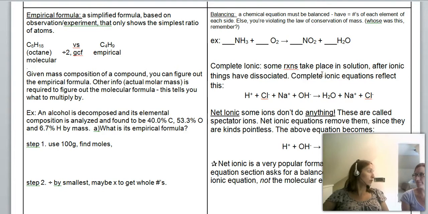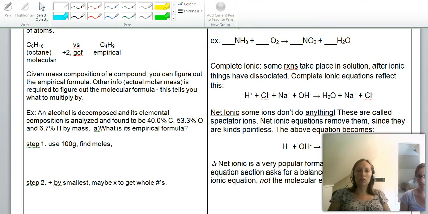We have balanced a lot of equations in the past, and balancing equations is important when you get into stoichiometry because one of the equalities is the mole ratio equality, which says if I have 1 mole of this thing, I will end up with 2 moles of this thing. Well, you don't know those numbers until you've balanced your equation. So here's an example with ammonia and oxygen, giving you nitrogen dioxide and water.